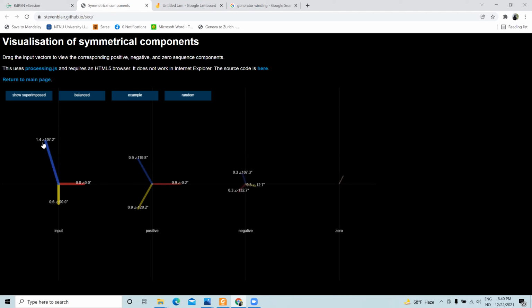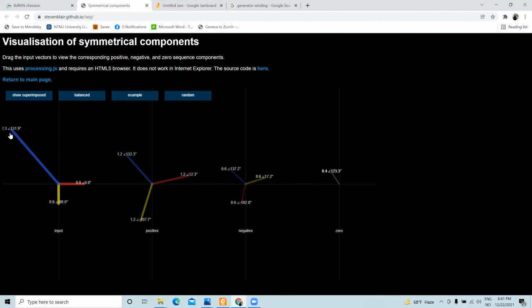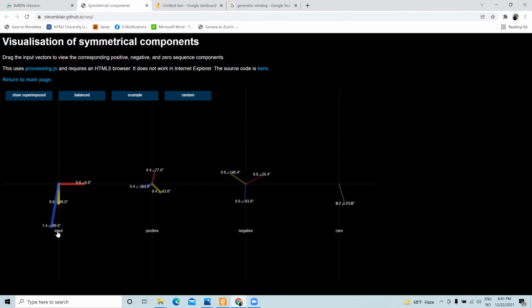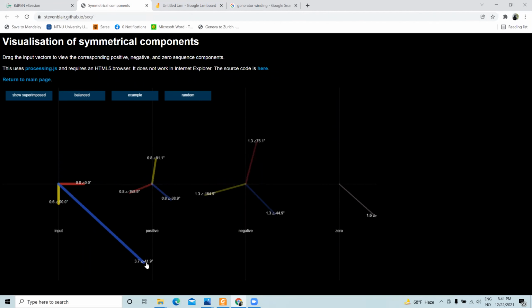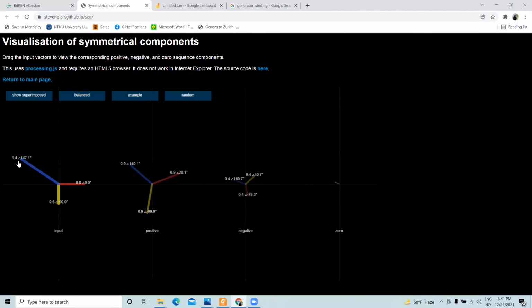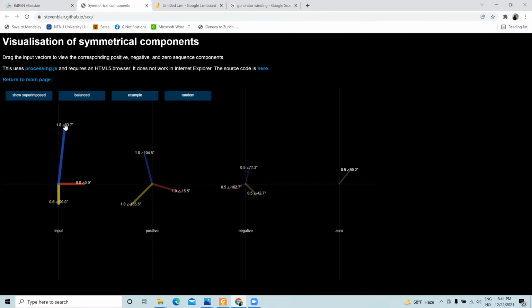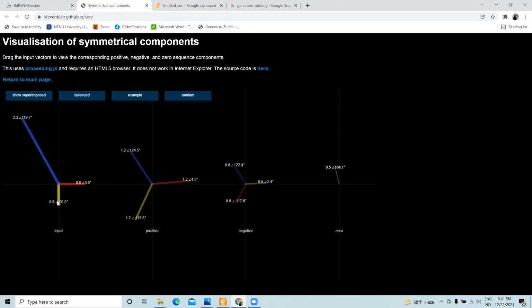Okay, so if I change it, you can see that they are always balanced. Sometimes the positive part may become larger and sometimes the negative part may become larger, but they are always balanced for any given asymmetrical condition.